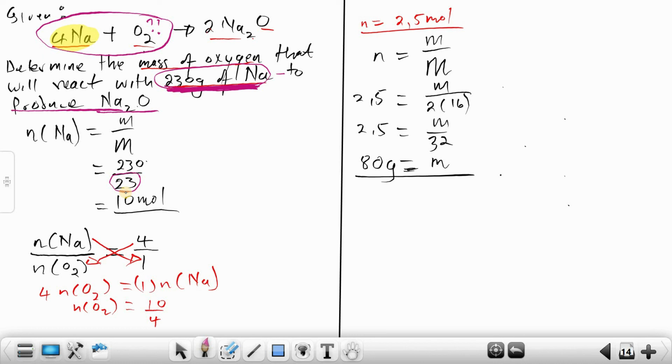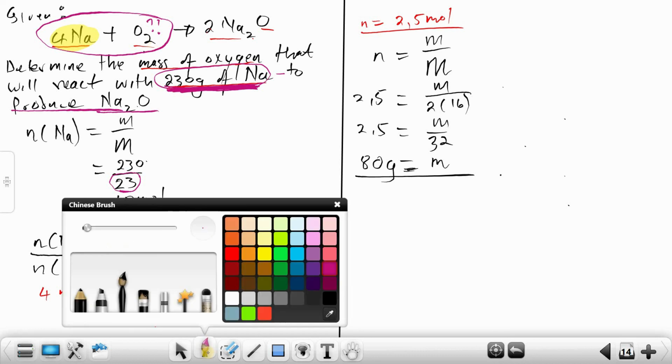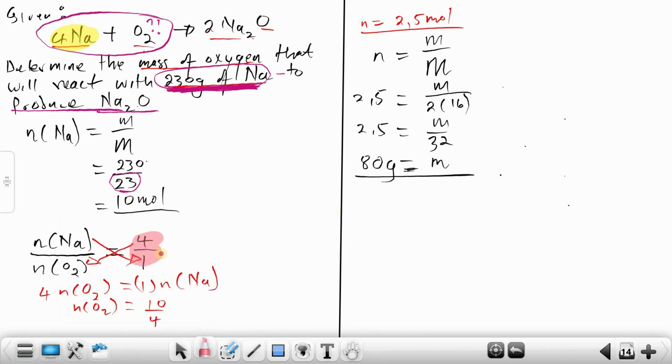But one will ask, so what did I do to link up the two? I used my molar ratio. Do you understand how we got this 4/1? Ratanang, do you understand how we got this 4/1?